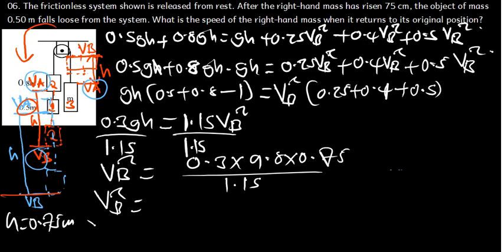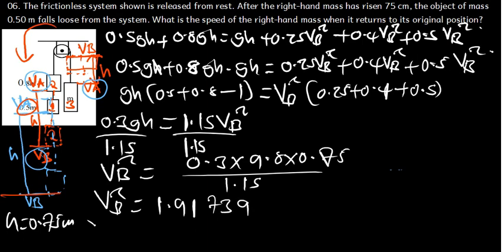So what I'm getting here is, if I do 0.3 times 9.8 then times 0.75, I divide it by 1.15, so I'm getting 1.91739.